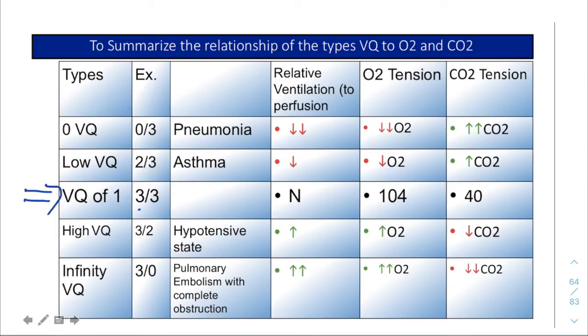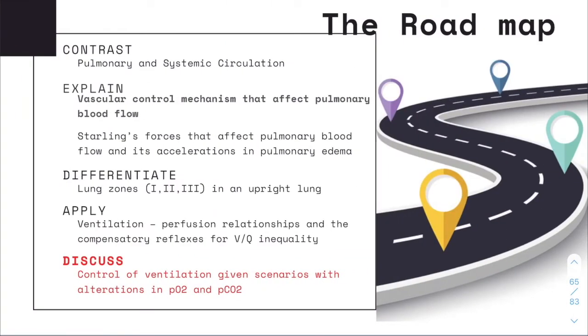When you have a VQ of 0, you have an even greater lower ventilation relative to your perfusion, a lower oxygen tension, and a greater increase in your CO2 tension.